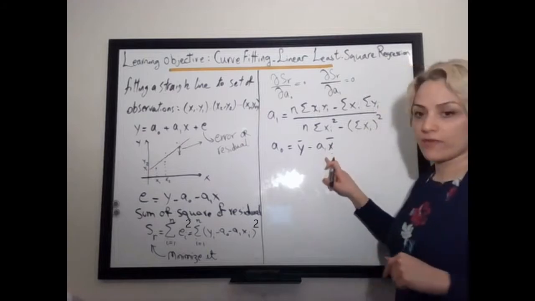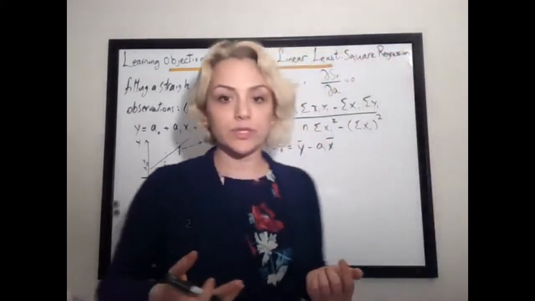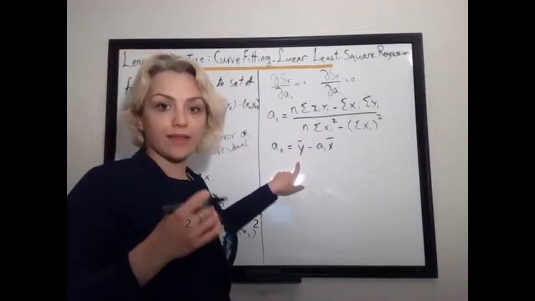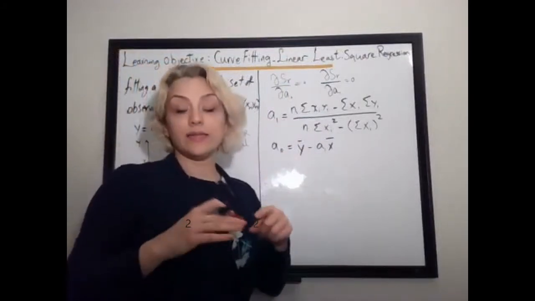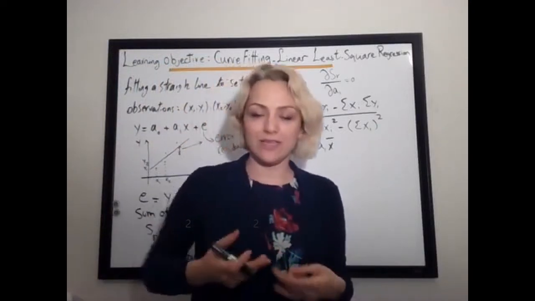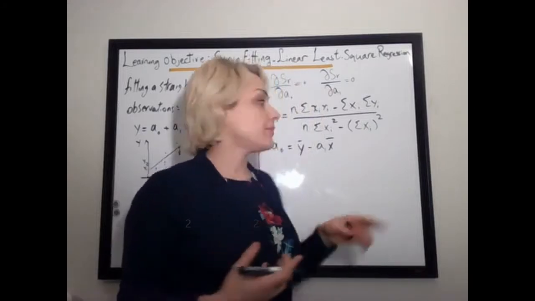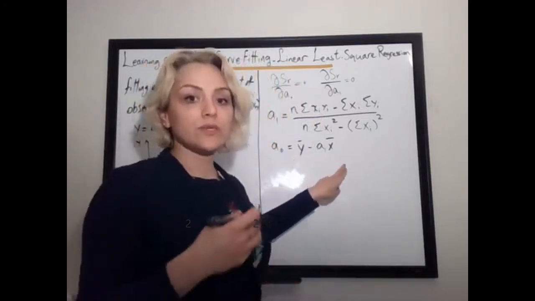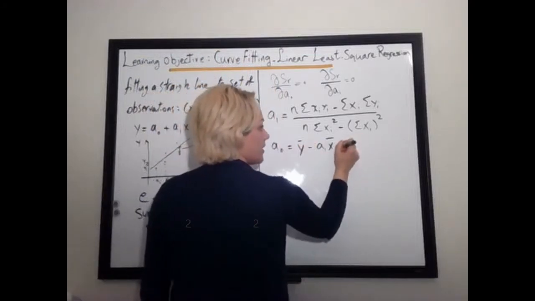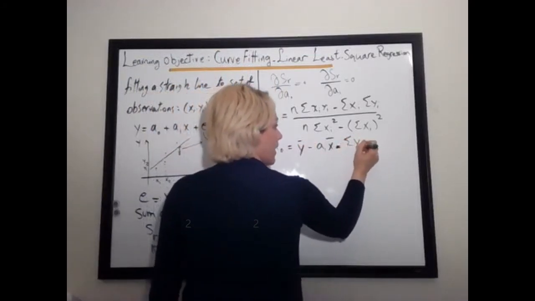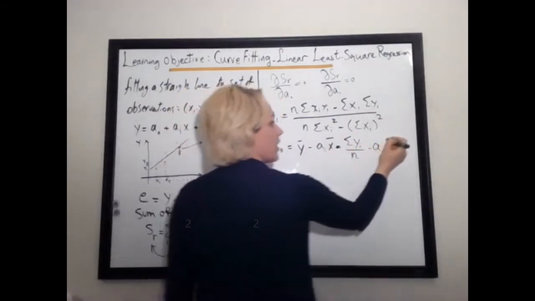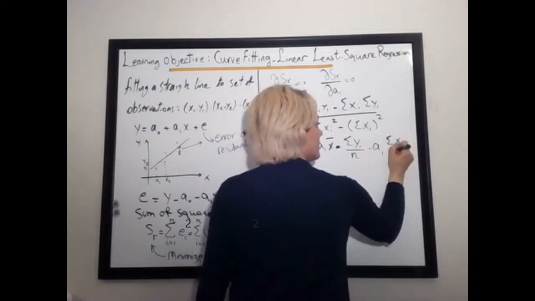And then here, instead of a1, we are going to put the equivalent amount of a1. For y bar and x bar, in another video about the simple statistics that we needed for curve fitting, we learned about the value of these means. Instead of y bar, I'm going to write sigma yi divided by n, and for x bar, sigma xi divided by n.